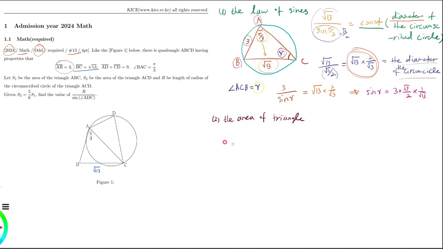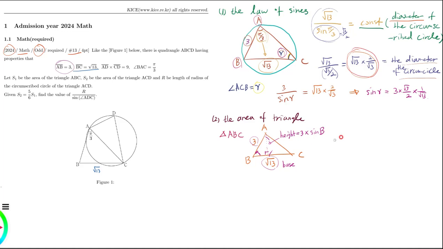In the case of triangle ABC here, this triangle looks like this, and we know the length of two sides, but we do not know the middle angle B. If we think that square root of 13 is the length of its base, the height would be 3 times sine of capital B.